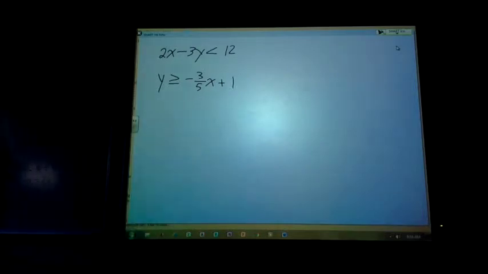So let's try both of those. These are two different equations. One of the equations I'll be able to use the cover method, and the other equation I'll be able to use where it crosses the y-intercept and use the slope. Okay? Good so far? Happy day?